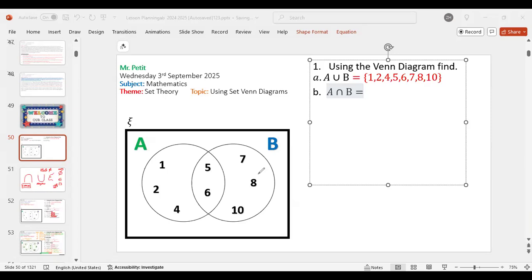Yes, sir. Good. When we say intersection, what do we mean? They mean where both of the sets intersect. Very good, but don't use the word intersect in the answer. What do we mean by intersection?